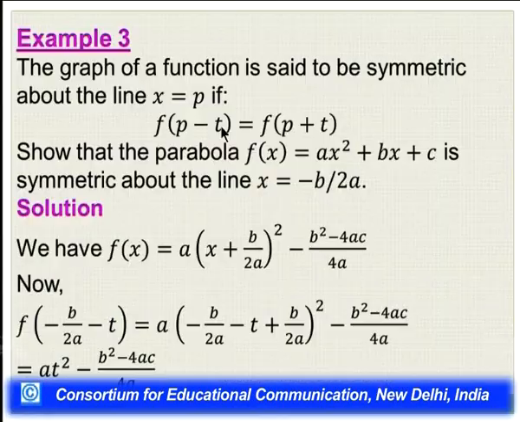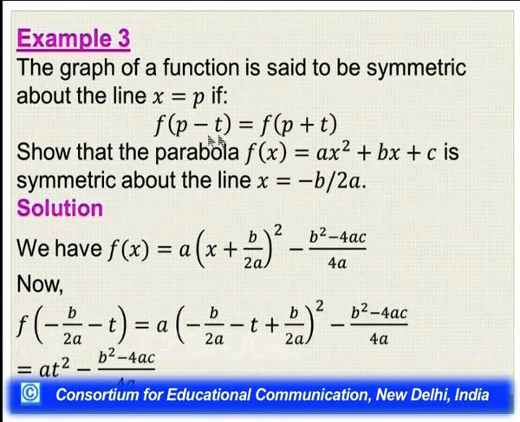But first of all, what do we mean by symmetry? So we say that the graph of a function is symmetric about the line x equal to p if f of p minus t is equal to f of p plus t.